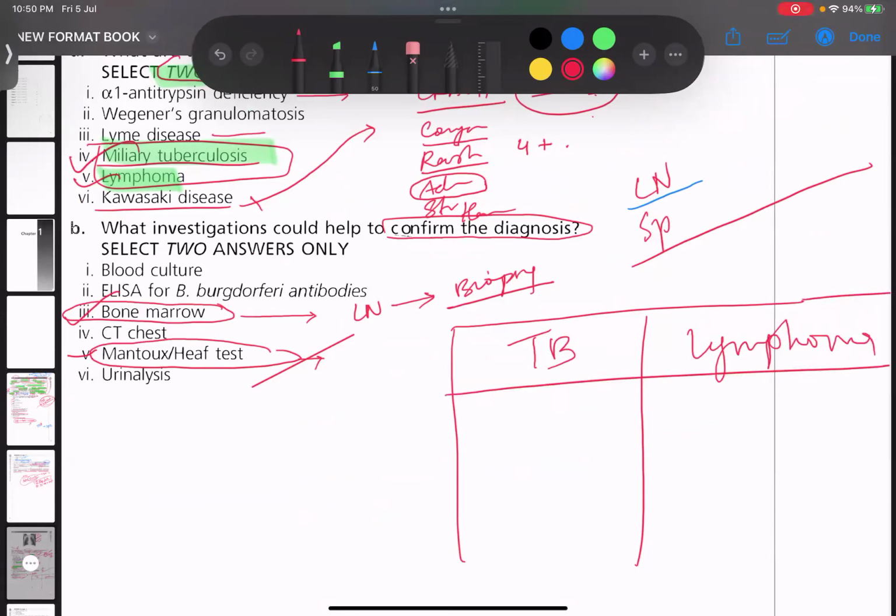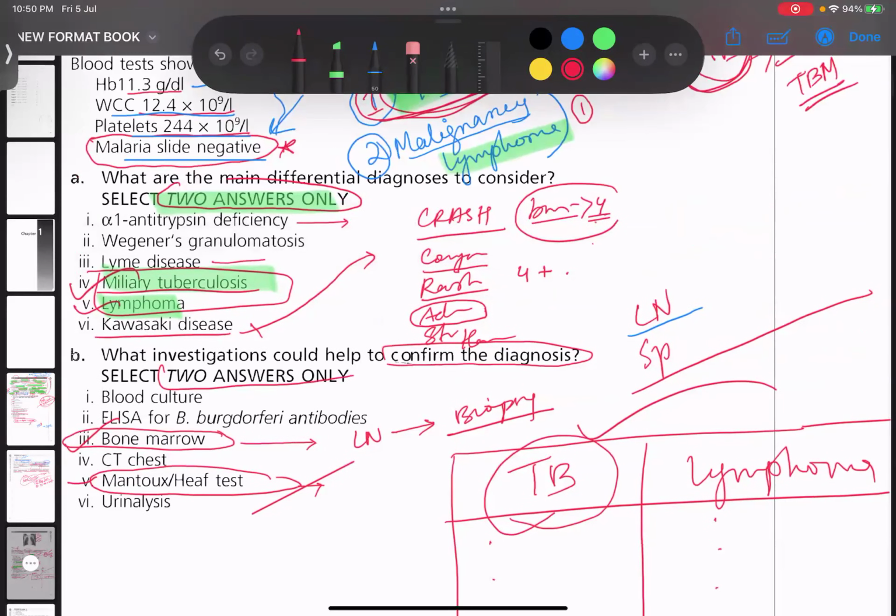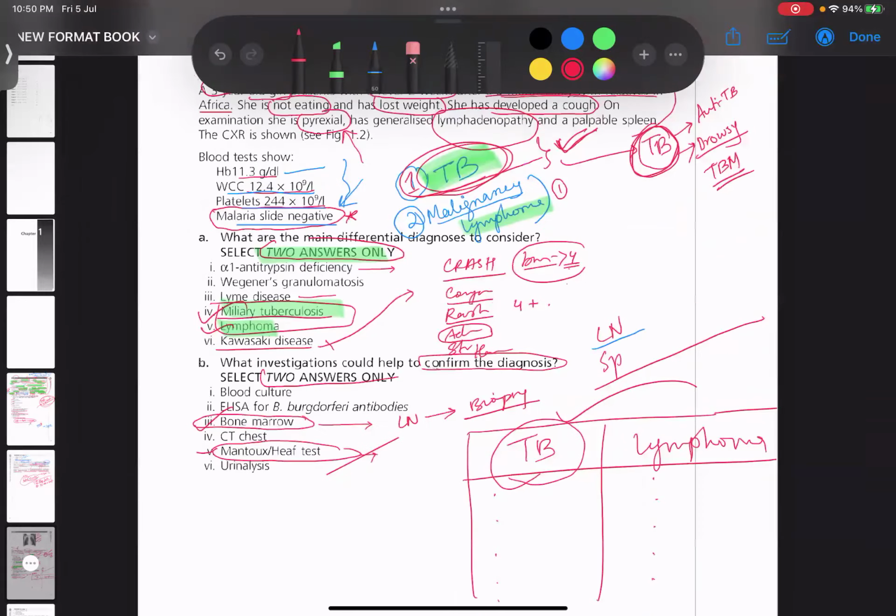Before, you could go for 2 options. So make a list and see how many points you have in favor of TB, how many in favor of lymphoma. Whichever has more points in favor, go for that particular diagnosis. Obviously we have 2 options here, but from an exam point of view, it's not suitable.